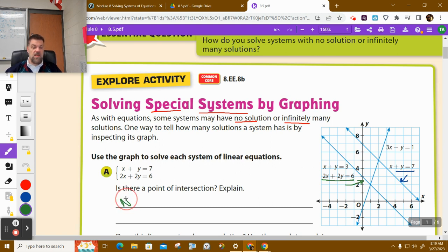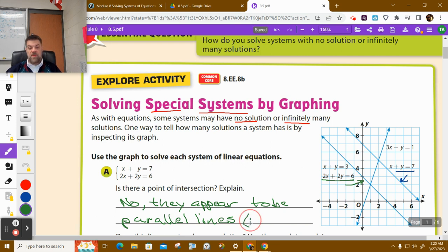So you would say no. They appear to be parallel lines. And so what does that mean? Well, when they're parallel, there's no intersection.